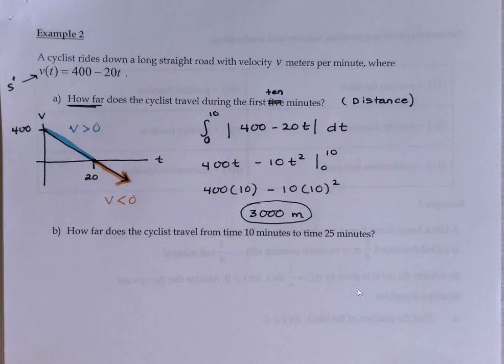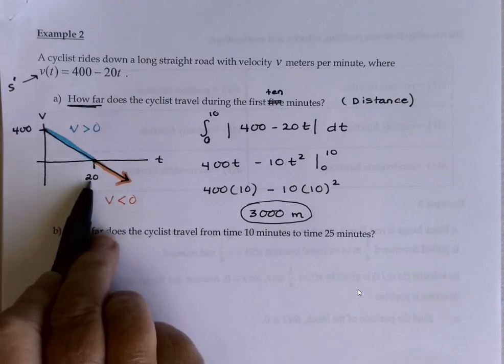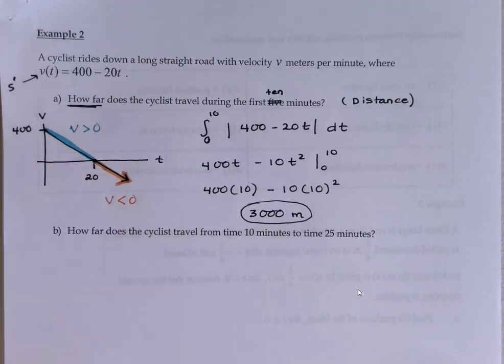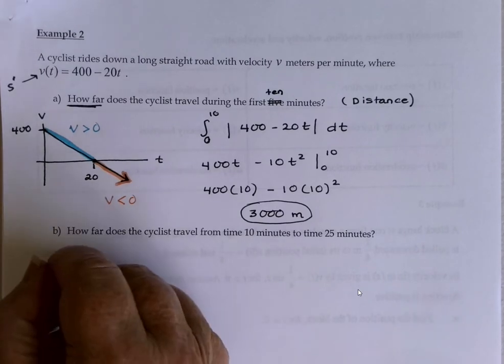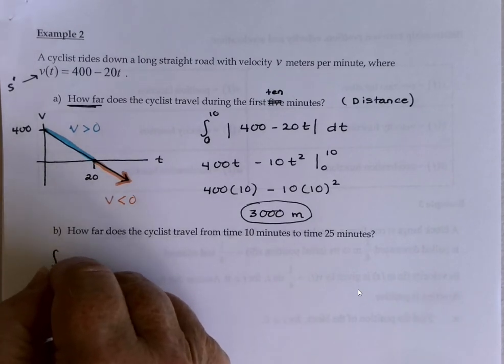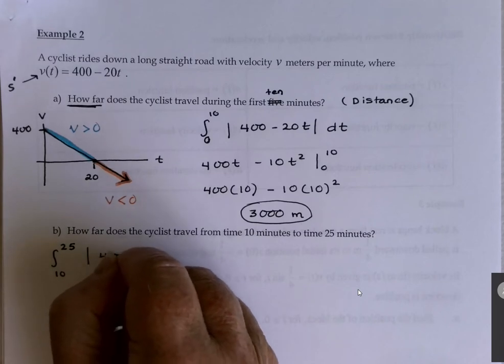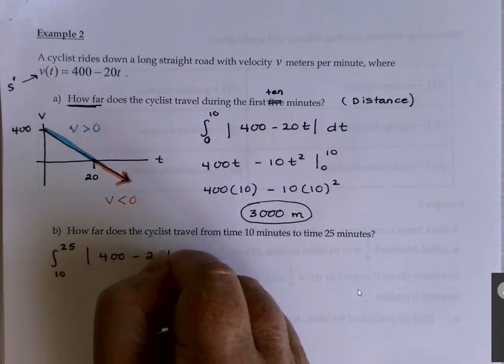All right, part B. How far does the cyclist travel from time 10 minutes to time 25 minutes? Now we do have the issue of having a positive velocity for the first part of the trip and a negative velocity for the second. So I'm going to go ahead and set this up and say it would really be the integral from 10 to 25 of the absolute value of our velocity function again.